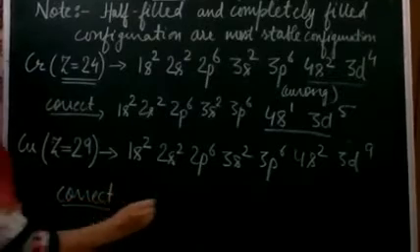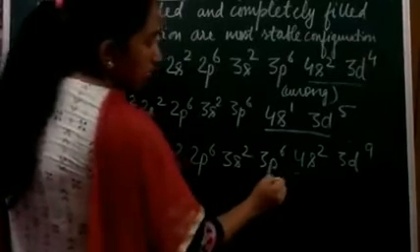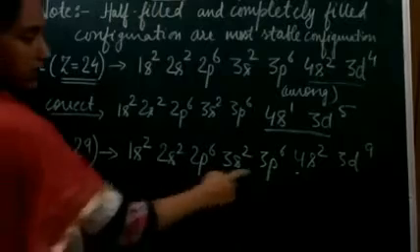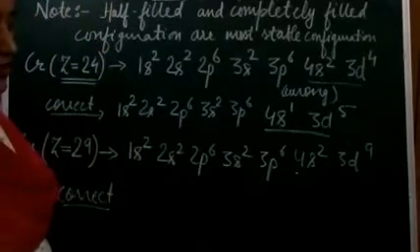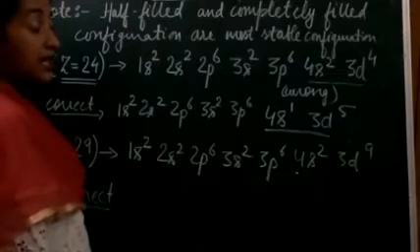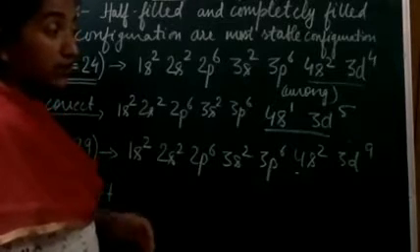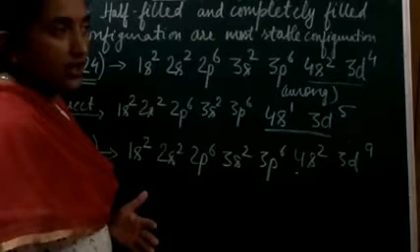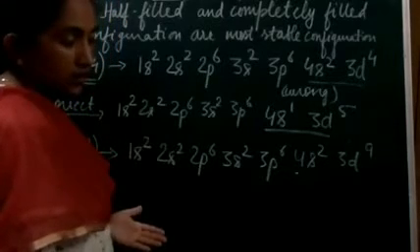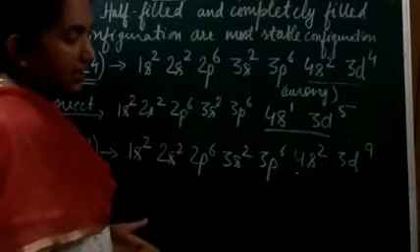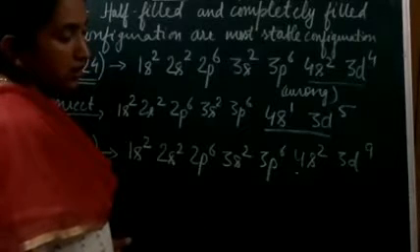Again, till here it will remain the same. 4s has a completely filled orbital. The s subshell is completely filled. 3d has 1 electron less to get the stable configuration. How many electrons can the d subshell accommodate? A maximum of 10 electrons, which is its completely filled configuration.